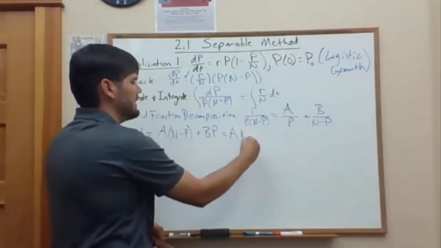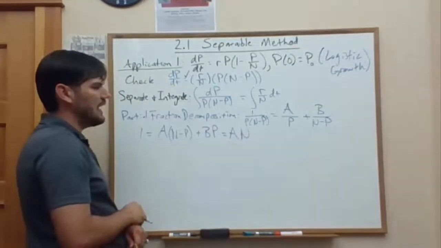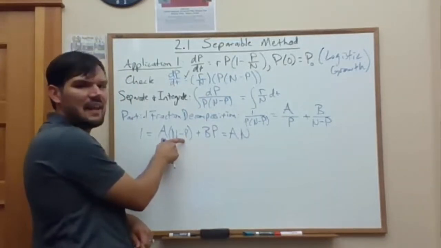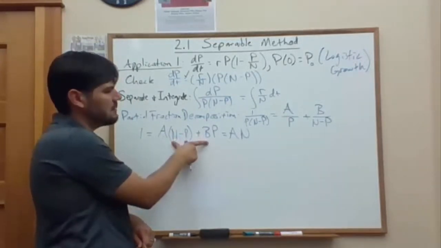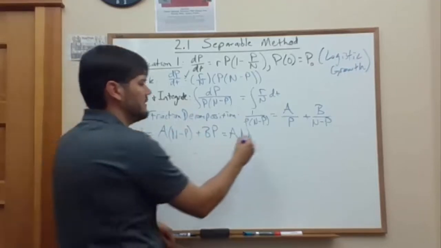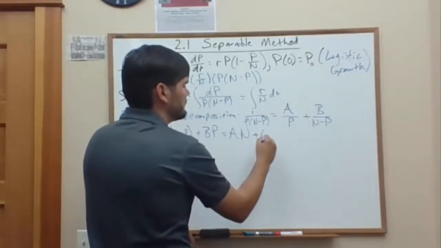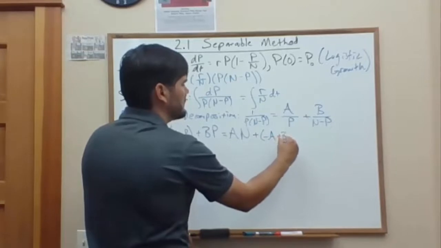I have an A times N, that's my constant term, and then I will have a negative AP plus a BP. Those are both multiples of P, so I'll get plus a negative A plus B.